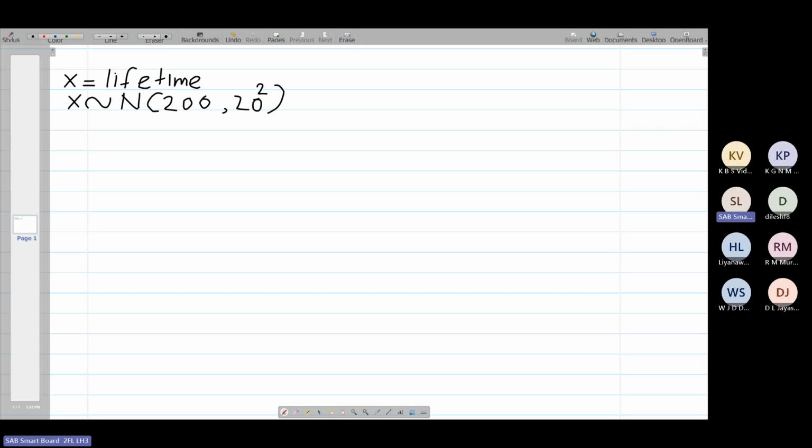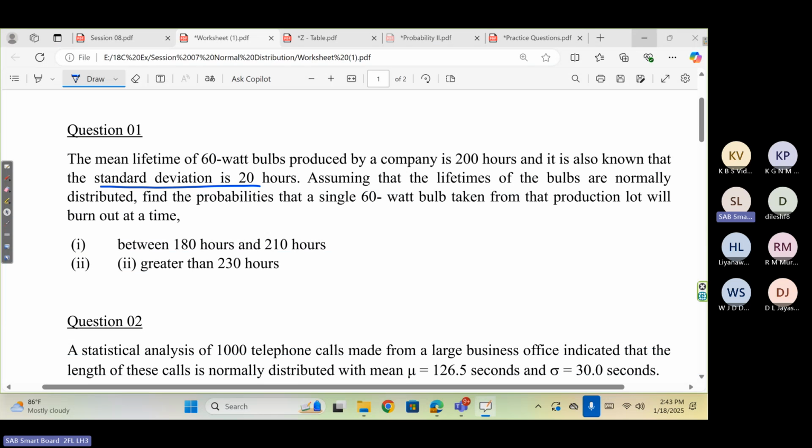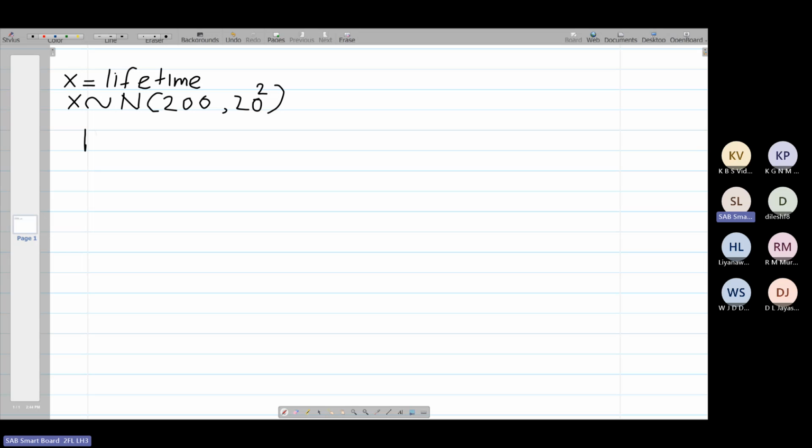Okay. Then what does the question ask? Between 180 hours and 210 hours. Then what is the probability? The lifetime between 180 hours and 210 hours. How do we write it? The probability of the X value in between 180 and 210.